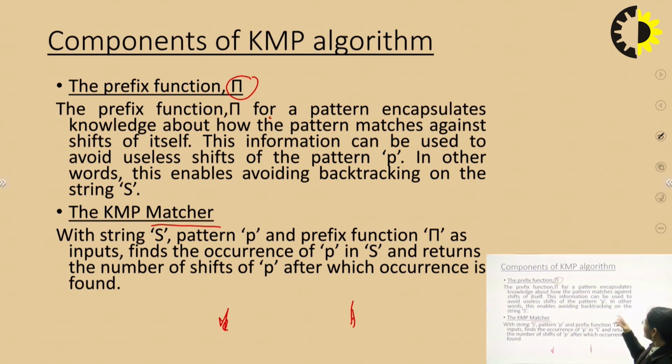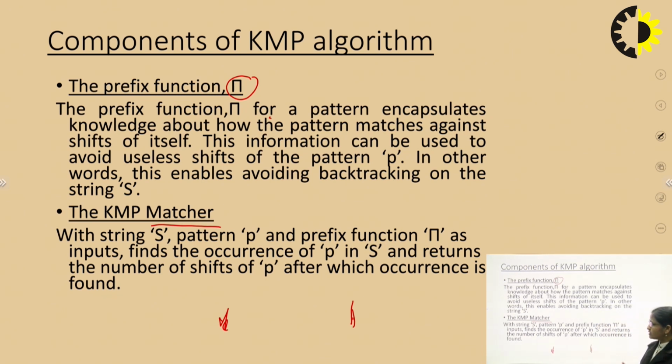Okay, so this information can be used to avoid useless shifts of the pattern P. In other words, this enables us to avoid backtracking on the string S. So that is why the time is reduced.